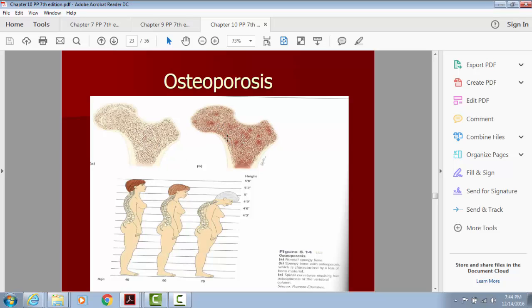And then here's spongy bone characterized by a loss of the bony material and a thinning of the bones, if you will. So you can see how fractures are more prevalent if you've got a bone that's nice and strong here, but you've got one that's more like Swiss cheese here. It's got some weak spots, and it's not as strong as what it should be.